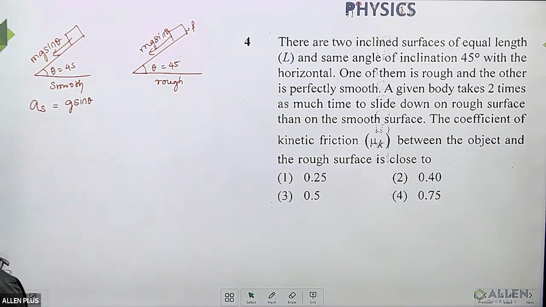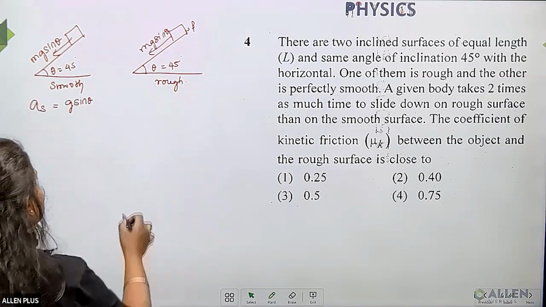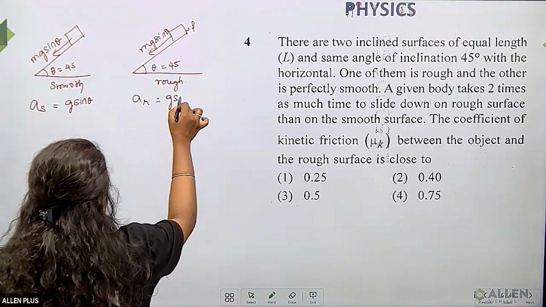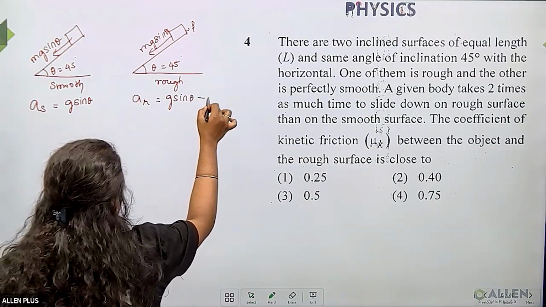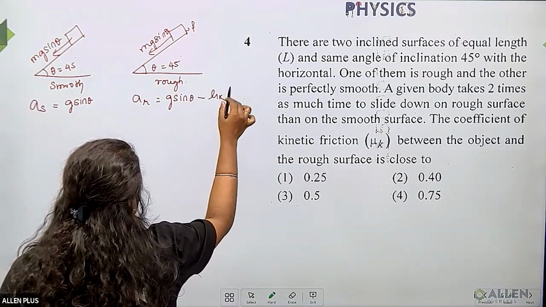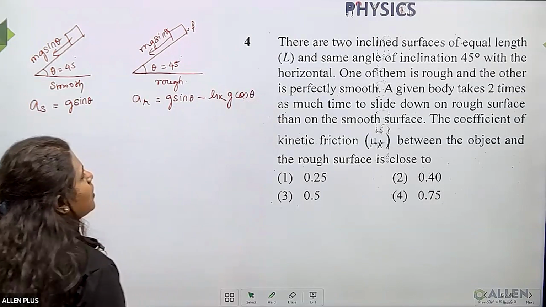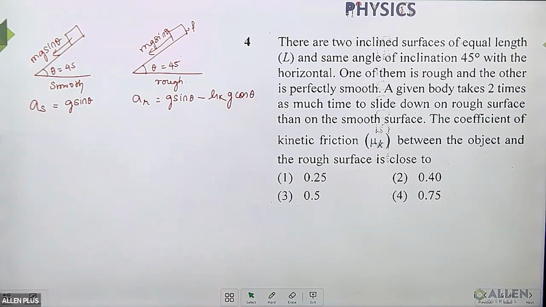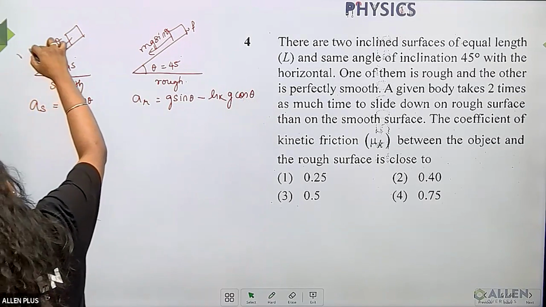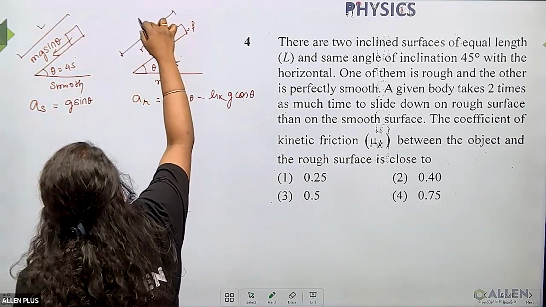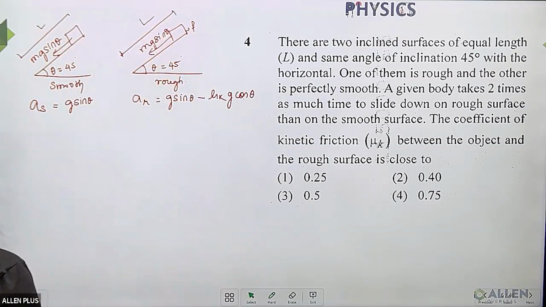And on the rough surface, the acceleration turns out to be g sine theta minus mu k g cos theta. This mu k is the coefficient of kinetic friction. And the thing which is the same for both cases is that they both traverse the same length.